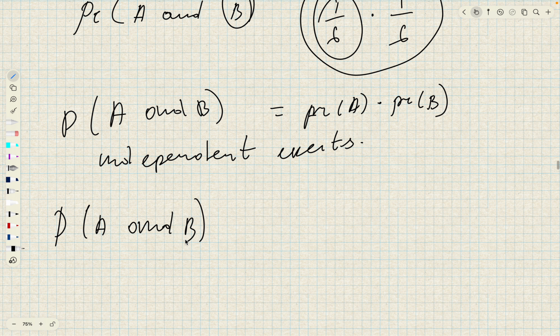Now, before that, I want to ask you this question. If we know that the number is prime, does it affect the probability of it being odd?